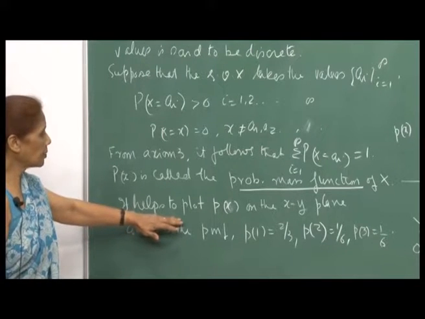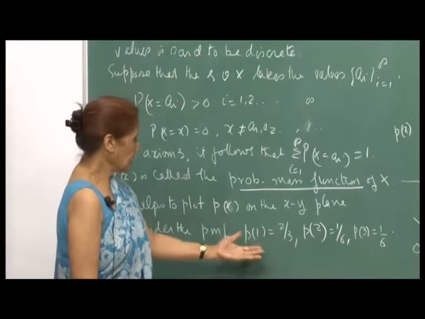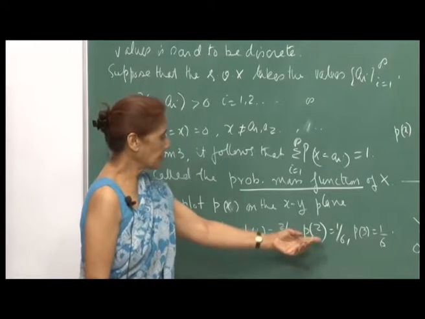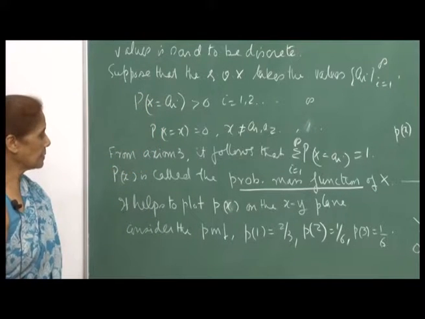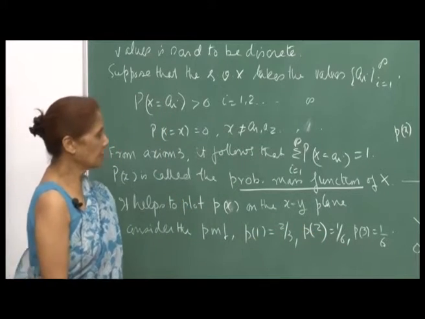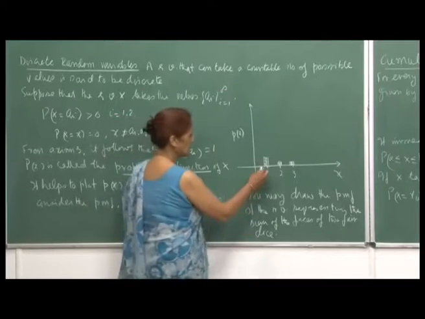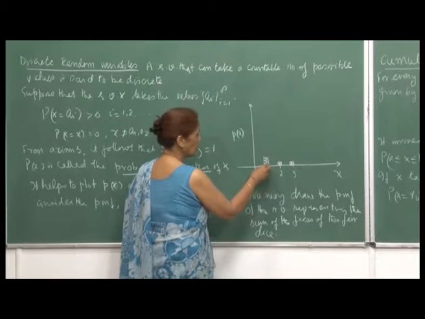Now, it helps to plot p(x) on the xy plane. So, consider the probability mass function p(1) is 2 by 3, p(2) is 1 by 6 and p(3) is 1 by 6. The random variable here is taking the values 1, 2, 3, and these are the probabilities associated with it. So, you can draw a bar chart. The idea is that you erect rectangles.